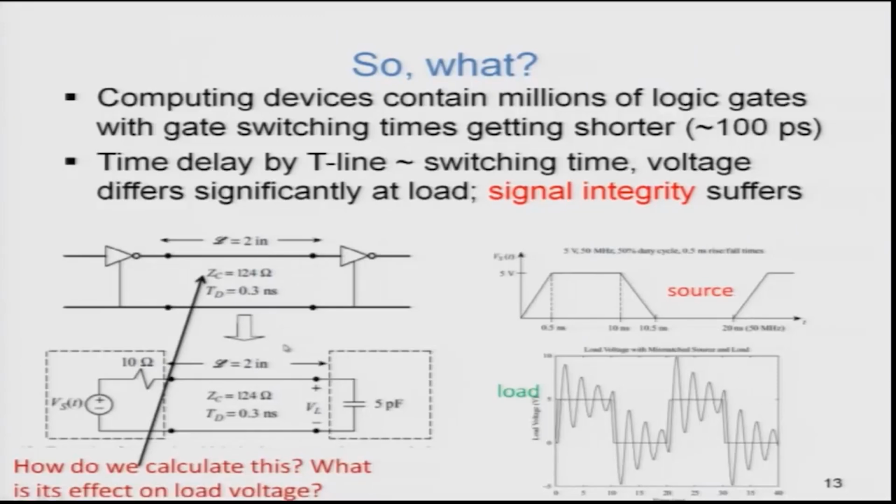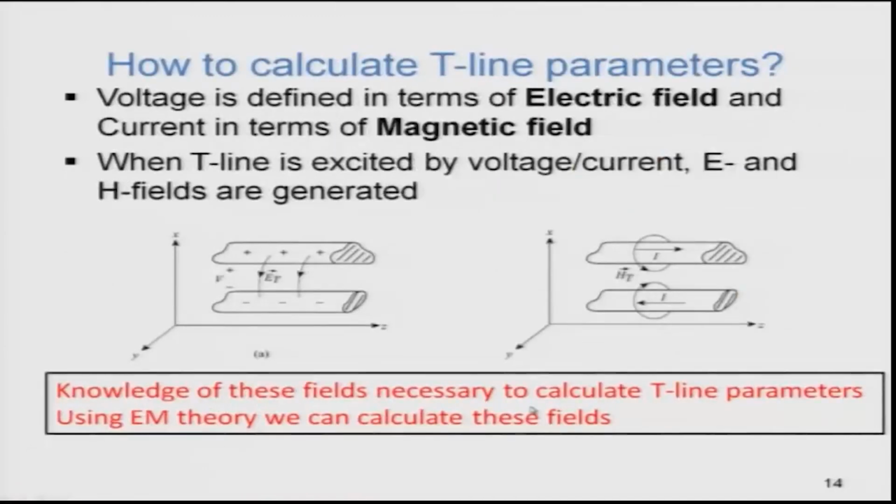So, one of the objectives of understanding electromagnetic behavior of a wire is to predict and minimize this type of distortion, and we do this by a process called transmission line. Transmission lines, as I said, we will talk more about. The parameters of a transmission line are described by resistance, inductance, conductance and capacitance, and these quantities are all connected to electric fields and magnetic fields.